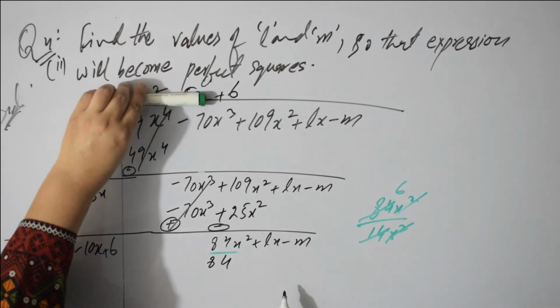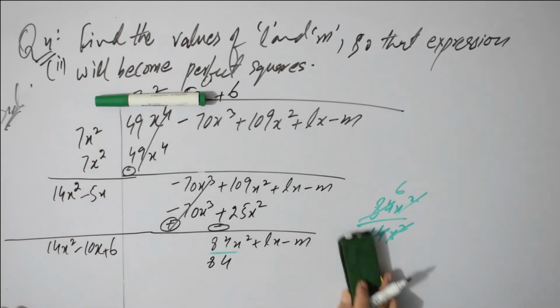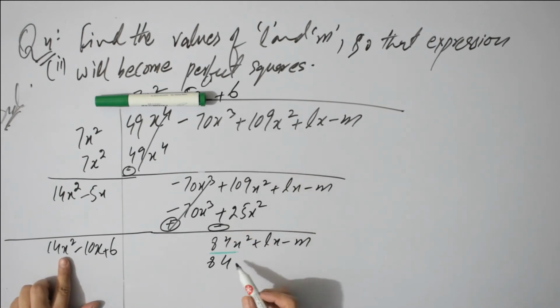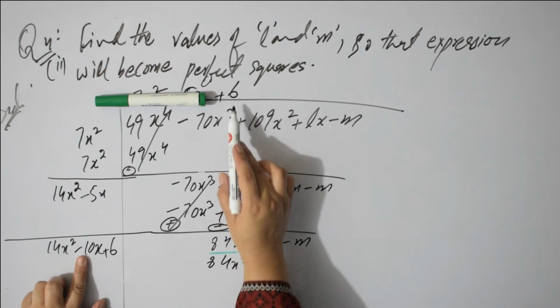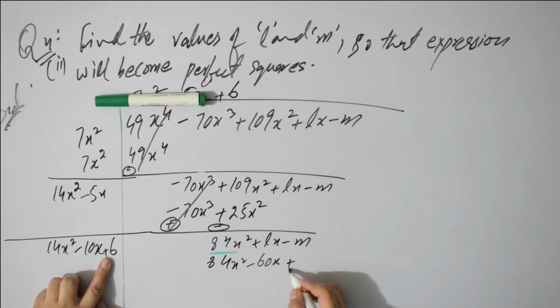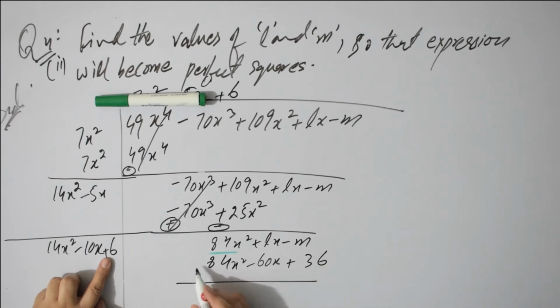These two already have done multiplication. Now the turn of the last, that is 14 6 times 84x square minus 60x and plus 36. There is no sign, so plus will be there, the new sign will be minus. Minus becomes plus, plus becomes negative. Okay, change of signs, we change these signs.